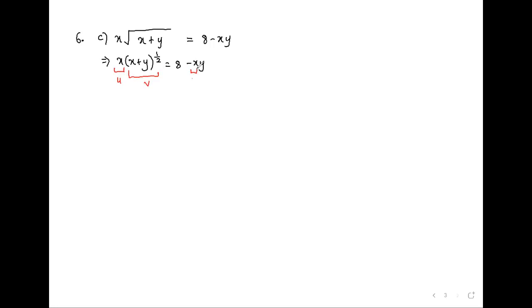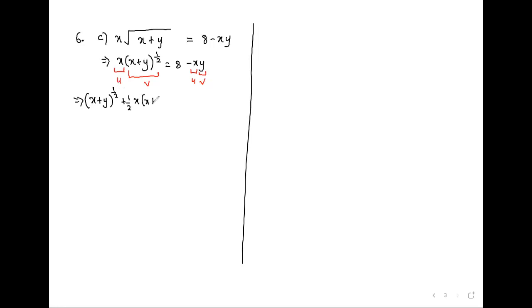So now we differentiate first x to give us 1, and then multiply it by (x plus y) to the power half, plus you now fix x and then differentiate by dropping half.